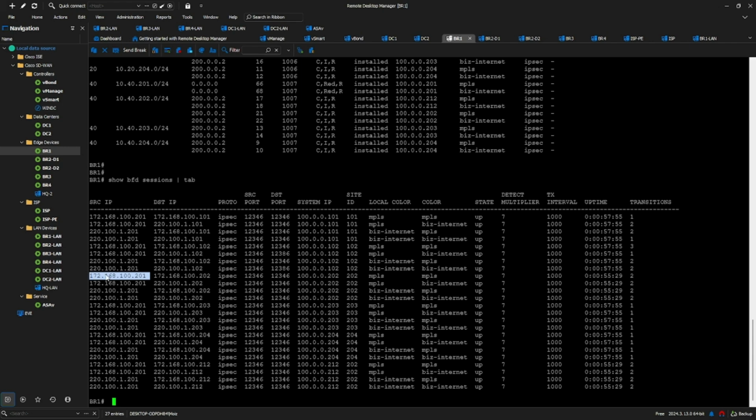So underlyingly, the TLOC IP address is bound to the local public IP address of that device, and it knows that it has a tunnel with the particular site which is up and running, and they are different colors over here.